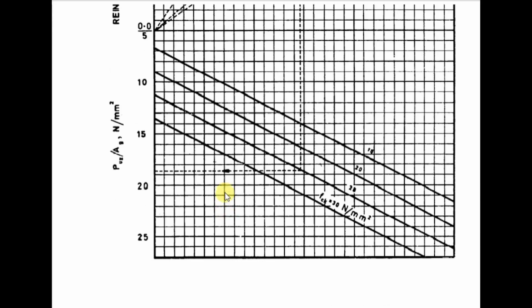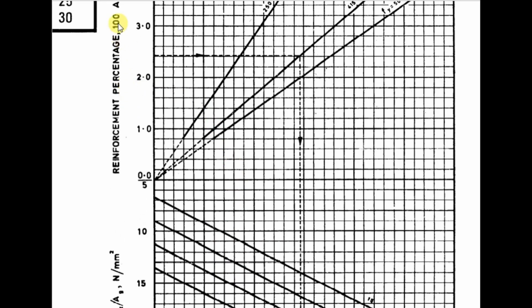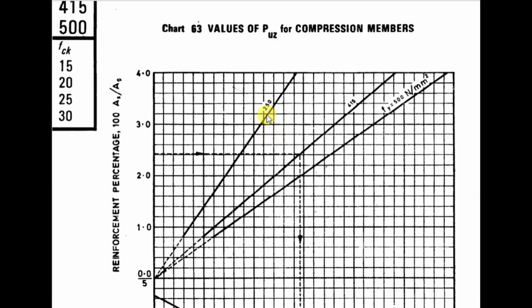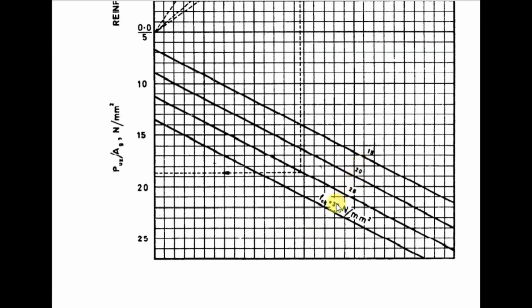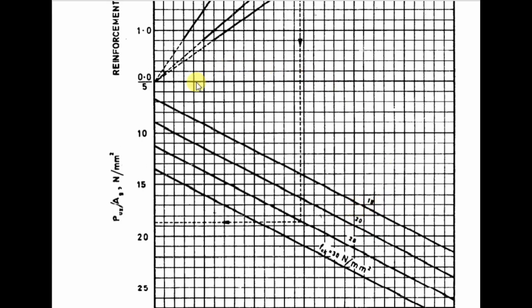Here is the reinforcement percentage, and this one is the FY value. If you use FY 415, then you have to follow this line, and FY 500 means you have to follow this line. And here the FCK values are given. By using these three values, you have to find out PUZ by AG.